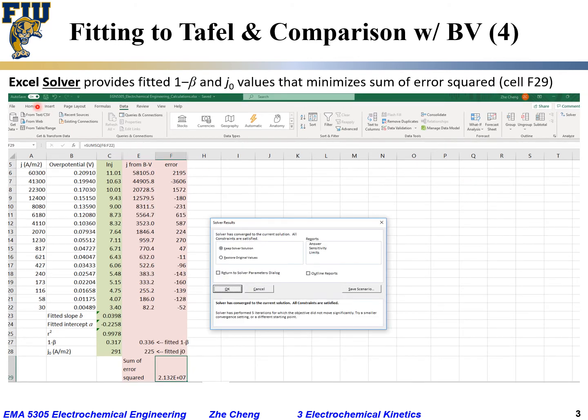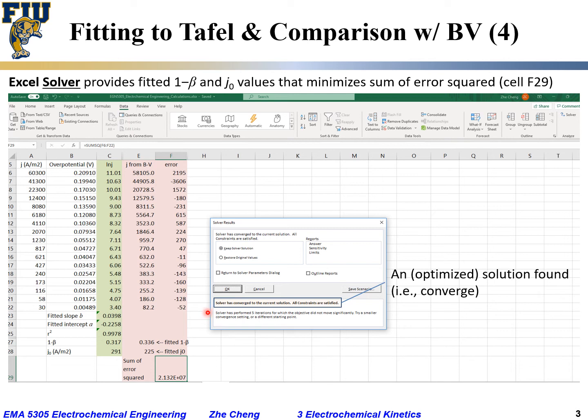If you click solve, Excel solver would provide the fitted 1 minus beta, the symmetry factor, and J0, the exchange current density value, that actually minimizes the sum of error squared, which is our cell F29.